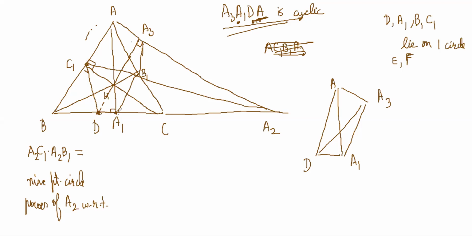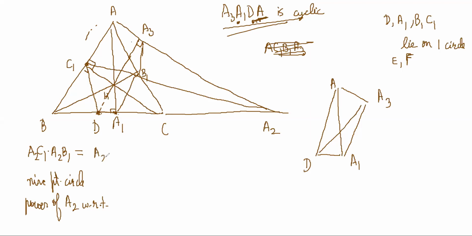Yes. And it also passes through A1 and D. Oh, now I understand. You understand? The 9-point circle definitely passes through both, no? So A2C1 into A2B1 should be equal to A2A1 into A2D.